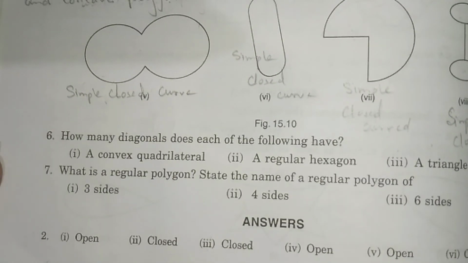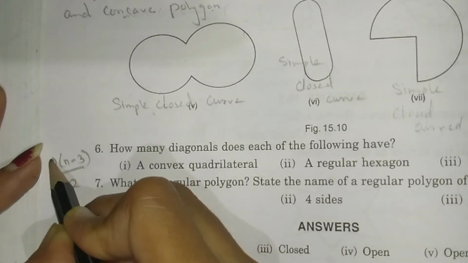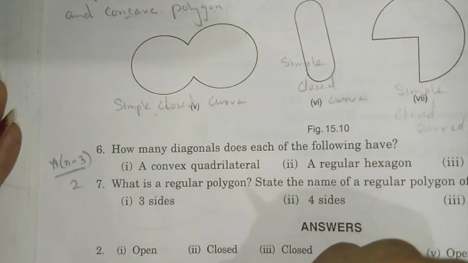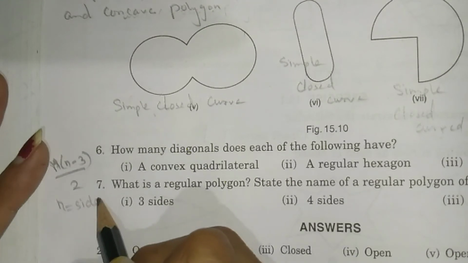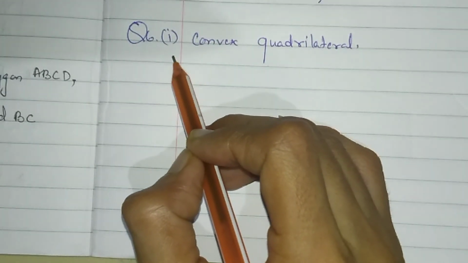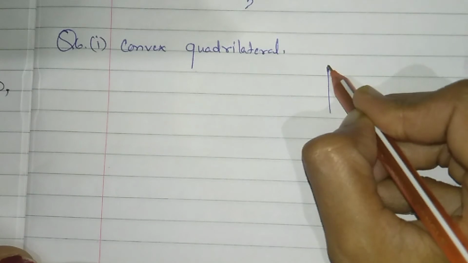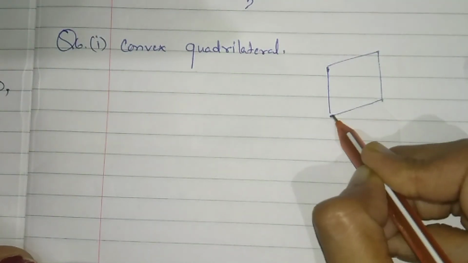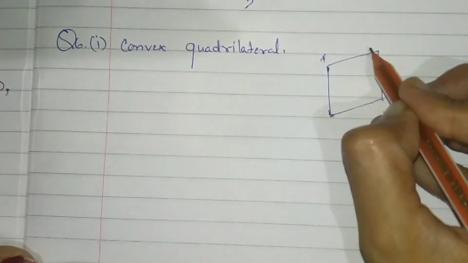Now let us start question number 6, how many diagonals each of the following have. Here one formula is there for finding the diagonals: n(n minus 3) upon 2, where n is the number of sides. First one is a convex quadrilateral. I am drawing a quadrilateral here. All angles are less than 180 and a quadrilateral has 4 sides.